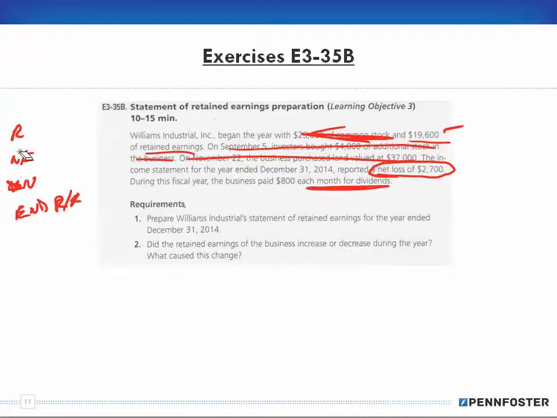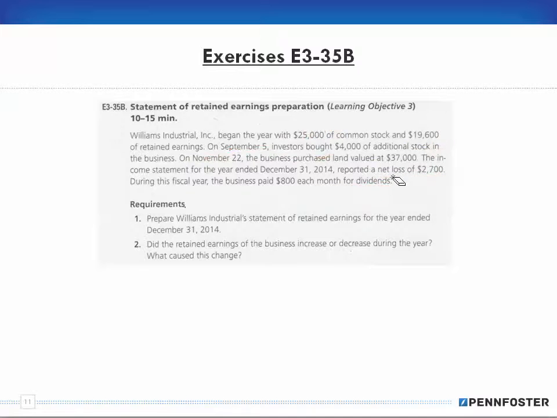So remember, you're working through a word problem, and you're going to be given information, and not all of it is directly related to solving what you need. You have information that has nothing to do with the problem, and then you have information that has to be manipulated, right? In this case, common stock has nothing to do with it. 19,600 is important because that's directly related. 4,000 for the purchasing of stock has nothing to do with it.